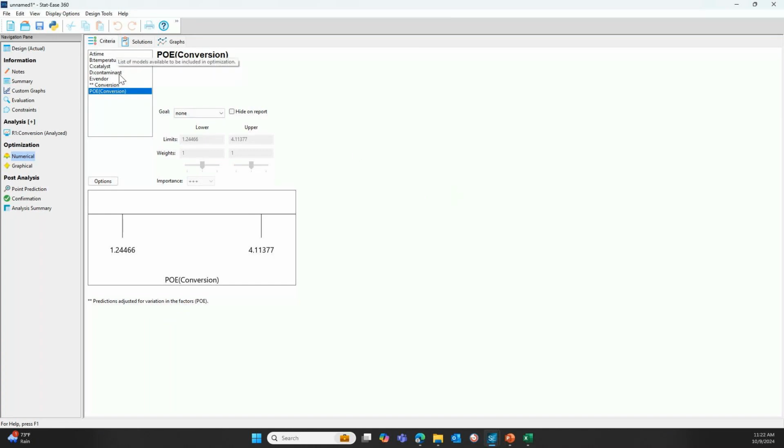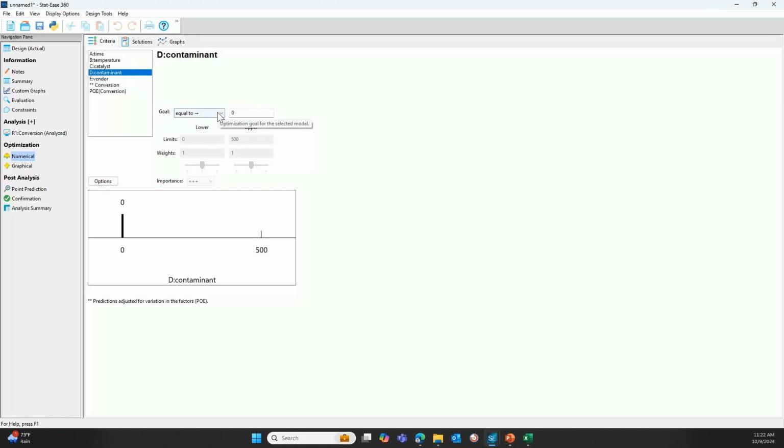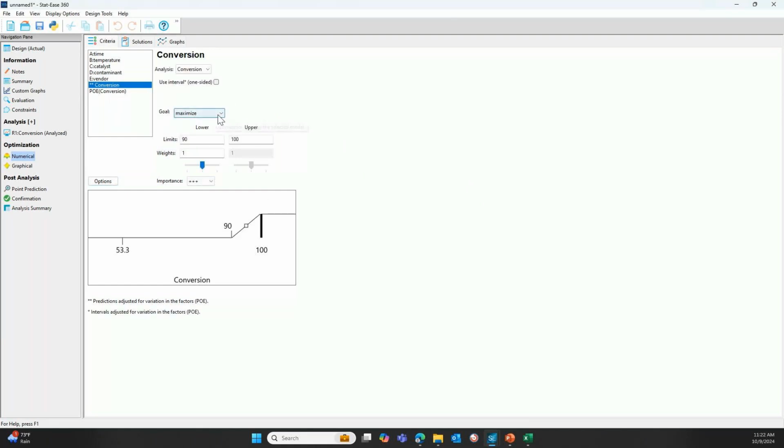So what do we know? We know that the contaminant we're going to filter, so we're going to set that equal to 0 because we're going to use the filtration. Vendor, now I am going to set that equal to 100 because we've decided that vendor A is the better option, so we're going to lock that in. The conversion, well, we still want to maximize that.